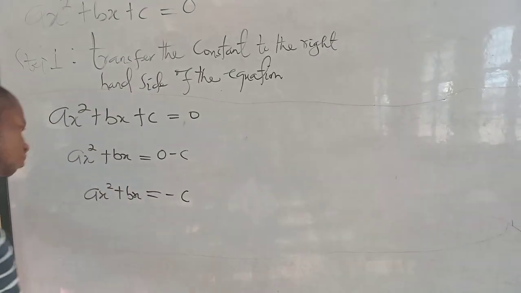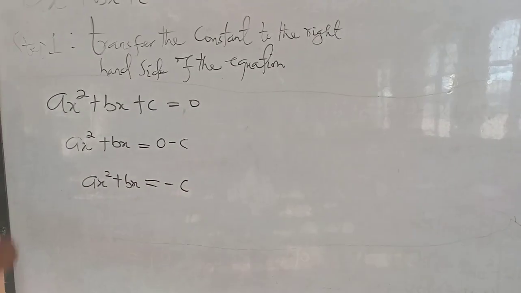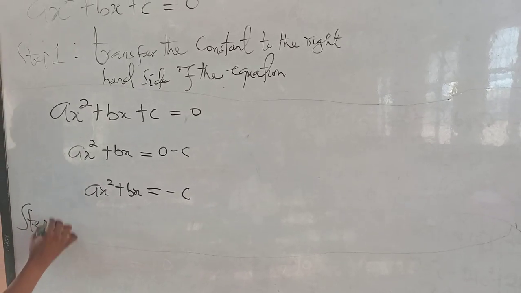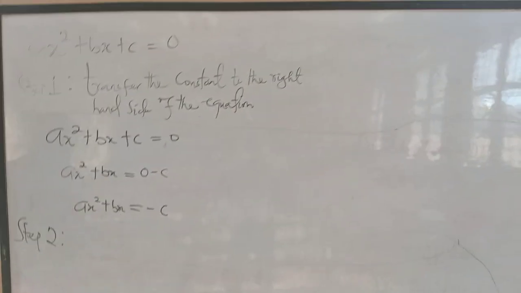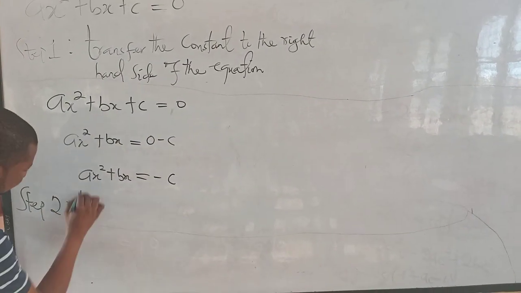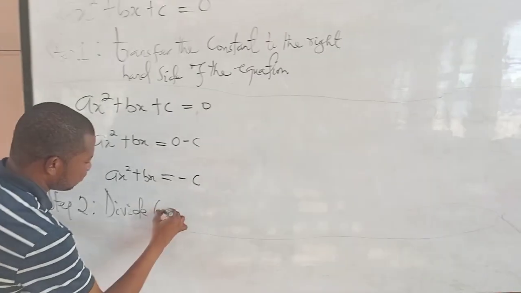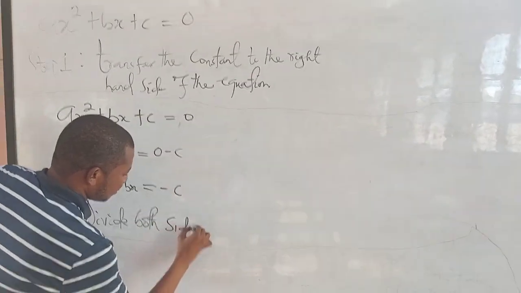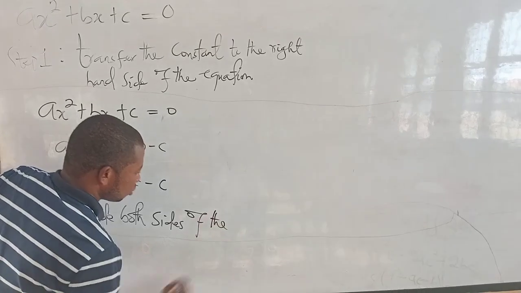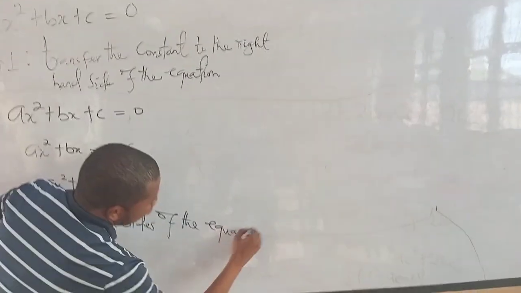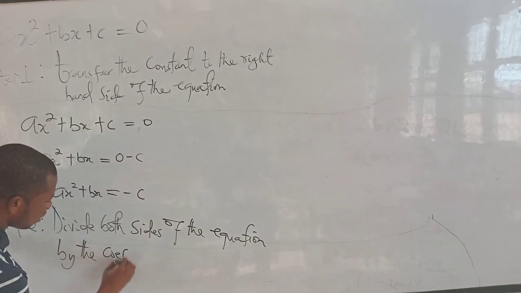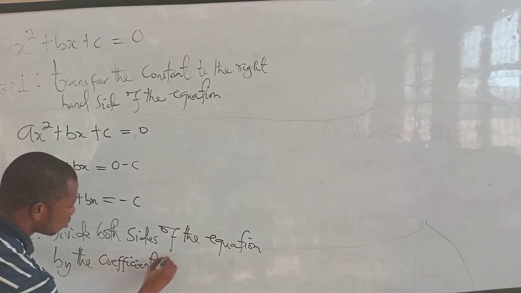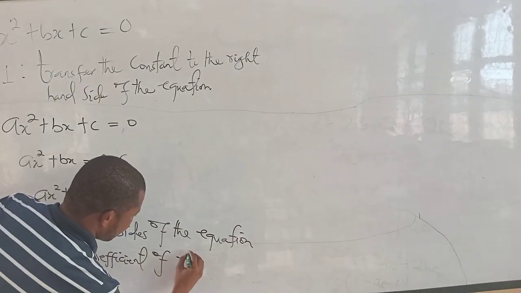Now the next one, step 2. Step 2 is that you divide both sides of the equation by the coefficient of x squared.